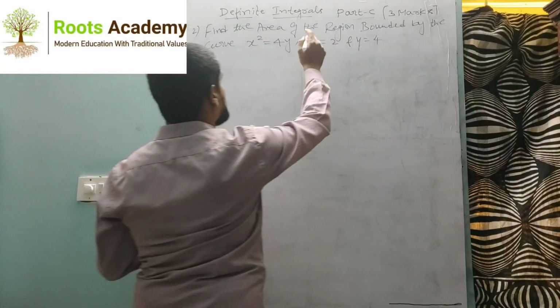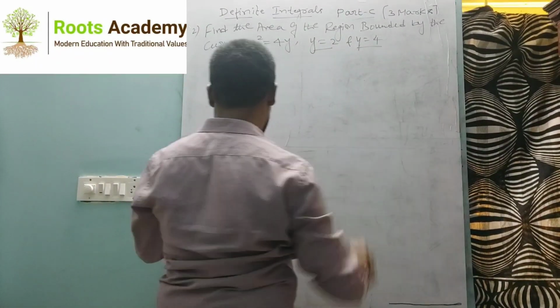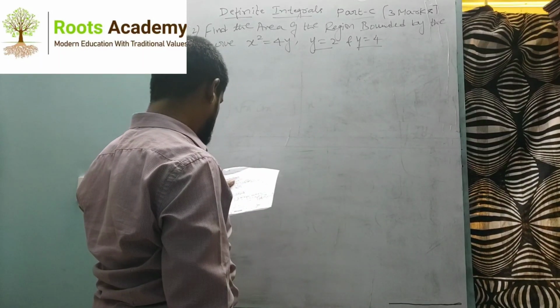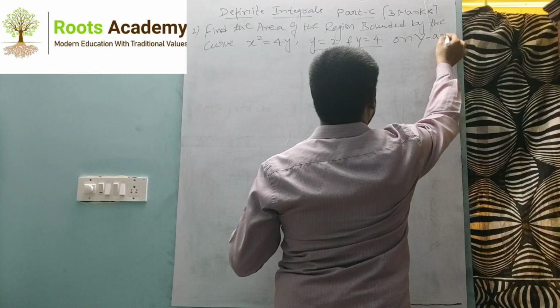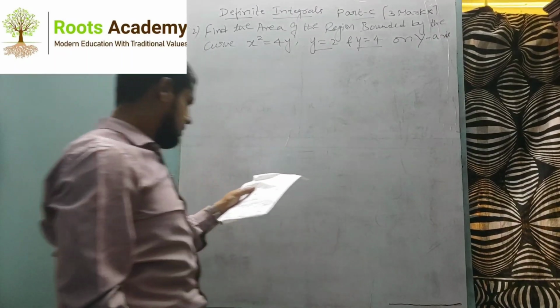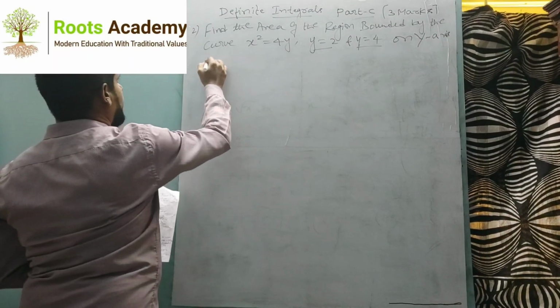These two are the lines, on the y-axis, in the first quadrant.